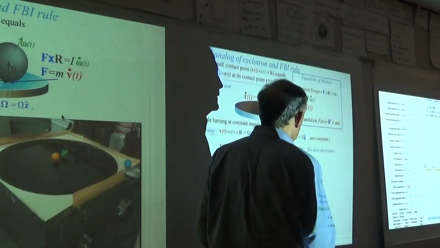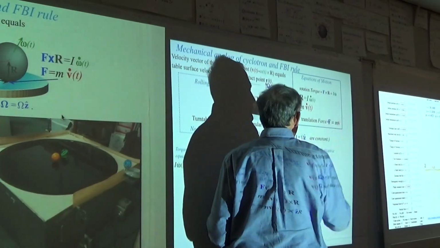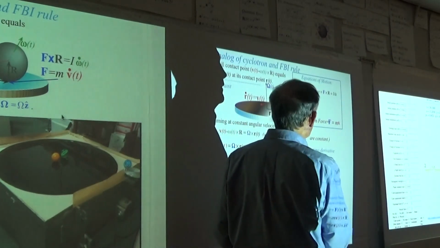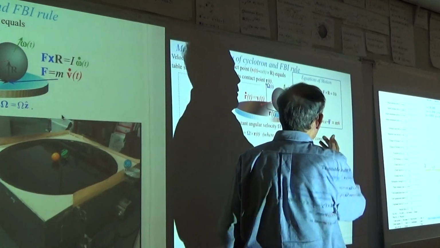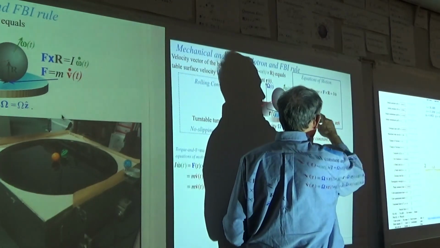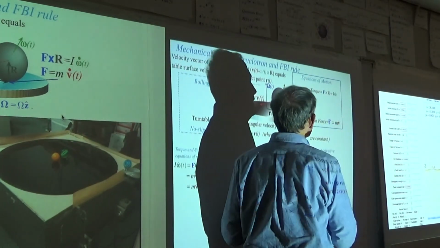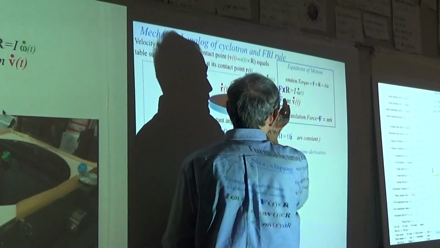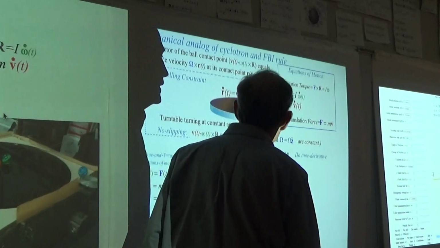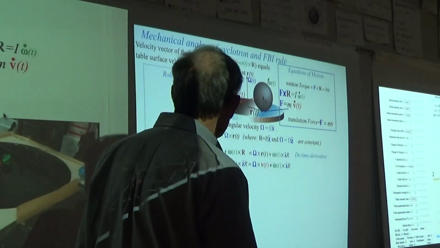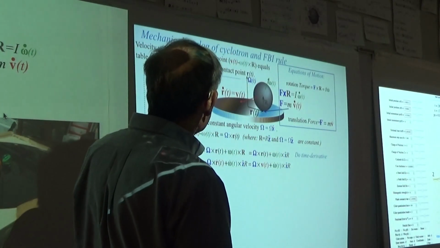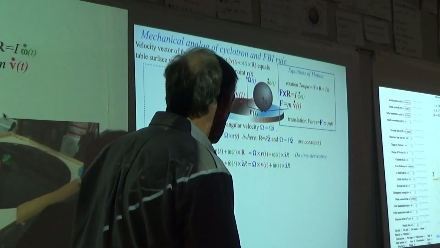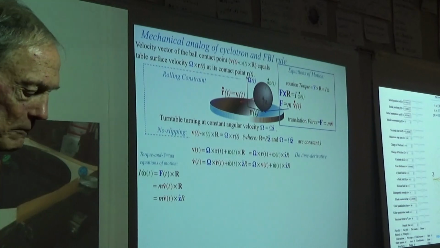We're talking about the translational force that has mass times velocity, and the rotational torque that this thing is getting, F cross R, and that is proportional to omega dot, omega being vertically up. So omega cross R is part of the velocity. That's really what makes this thing move.